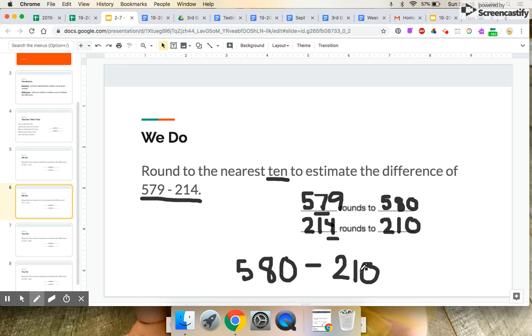If I'm subtracting, then I know that that should be 370. I know this because if I break them apart into my tens and my hundreds, 80 minus 10 is 70, and 500 minus 200 is 300. So it'll be about 370.